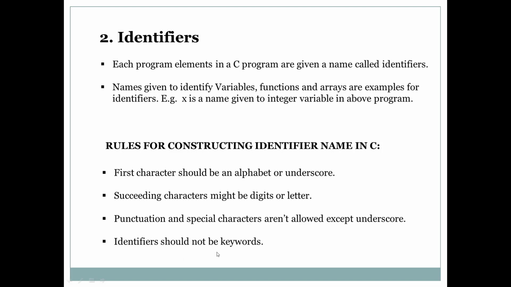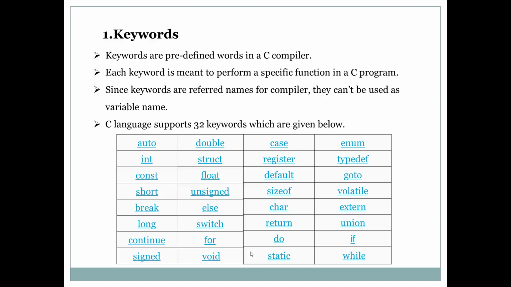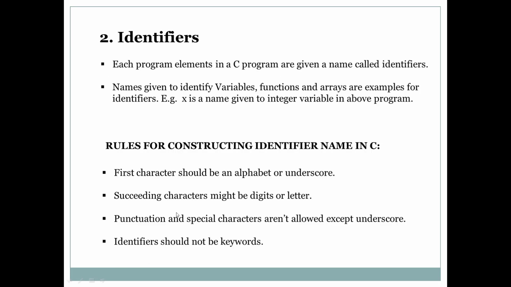The identifier should not be a keyword. As I told you, keywords have some special meaning already defined in the C compiler, so they cannot be used for defining identifiers. So basically, identifiers are the names given to variables, functions, and arrays.